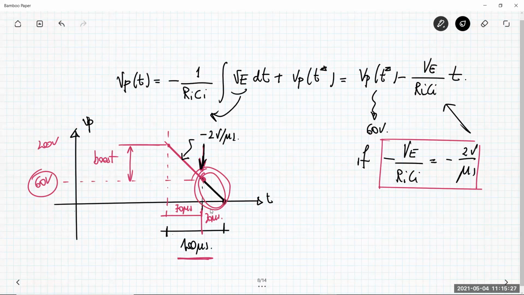The transistor is always off. When the boost action is no more effective, I have to put the command for the MOSFET switch to be on. But if the transistor is slow, maybe the transistor will be on only at this point. So there is a large fraction of the total 30 microseconds in which the transistor is still off.